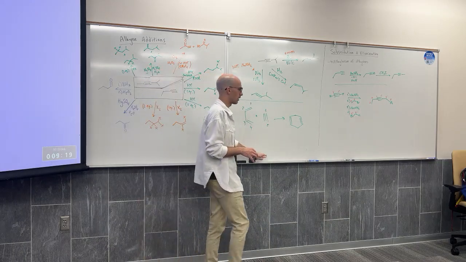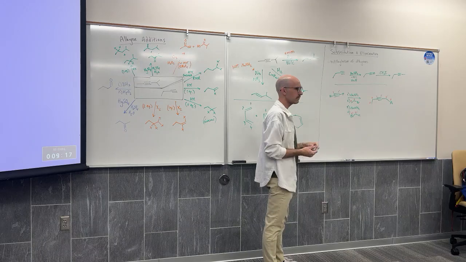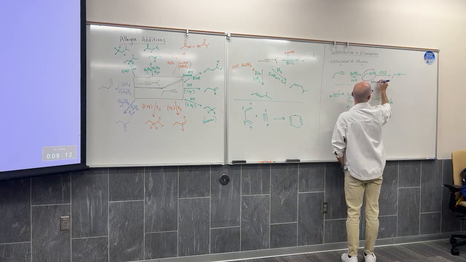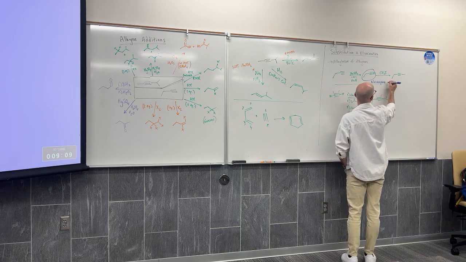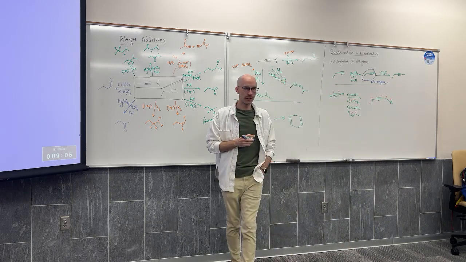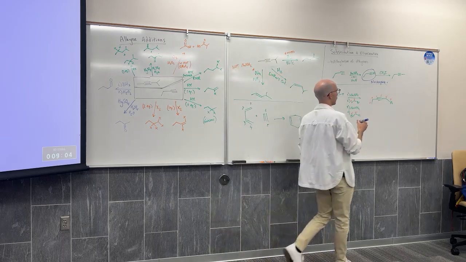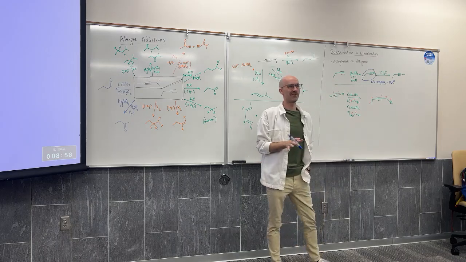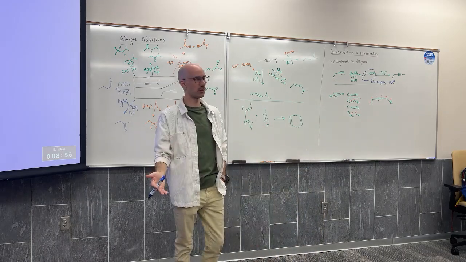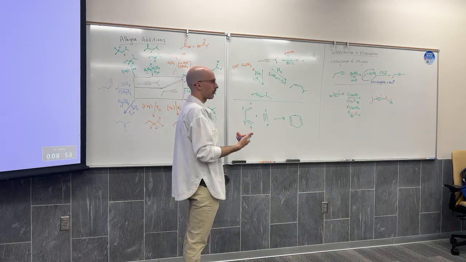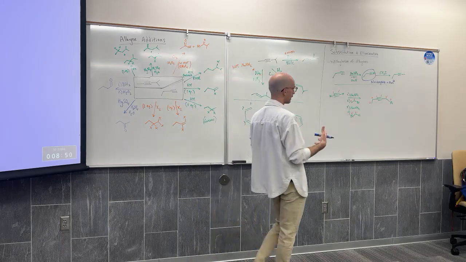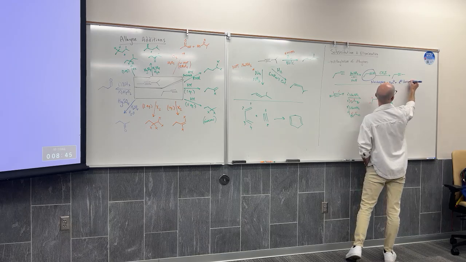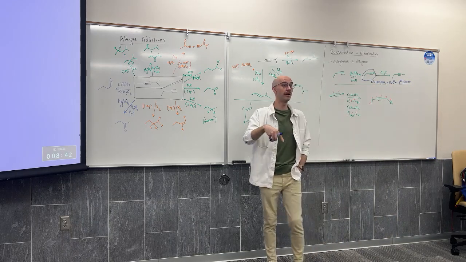I've been using this word a bit, and I want to make sure that we understand it, that we have a good definition for it, because this is where it becomes most relevant. Nucleophile, I like to abbreviate it as nuke with a minus, even though some nucleophiles are neutral. What the nucleophile tells you is that it has an excess of electrons. And it wants to donate those electrons to a nucleus.